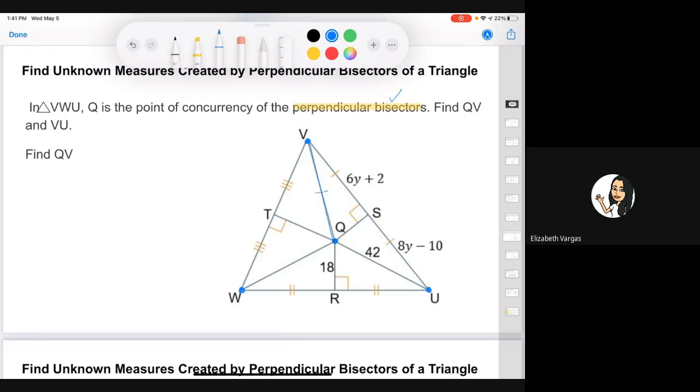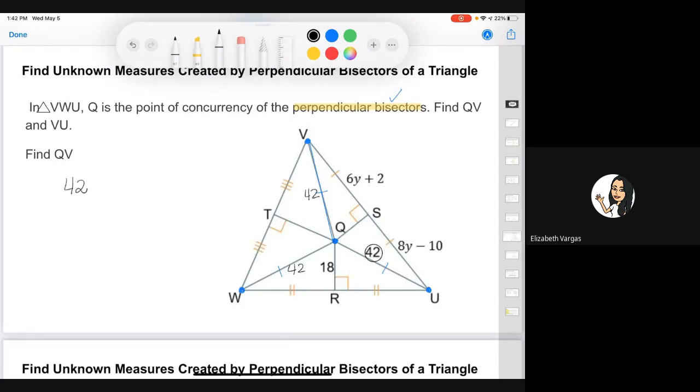And so that means that this would be congruent to this, which would be congruent to this. Am I given any measures of those? Well, yes, I'm told that QU is equal to 42. So that means that QV would also be equal to 42, and QW would also be equal to 42. Why? Because all those vertices are equidistant from that center point, my circumcenter. And so therefore, QV would be equal to 42.